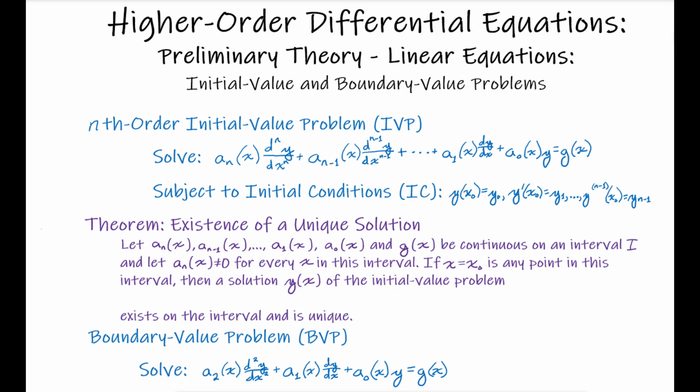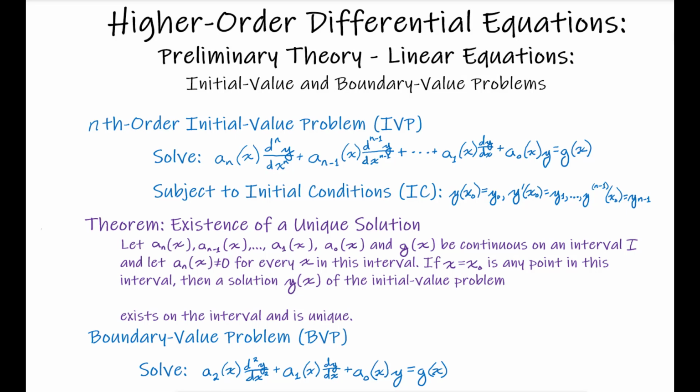If we take the derivative of y at x naught, that's going to give us some initial value of the derivative at x naught, which we'll call y1. And we continue doing that, taking higher and higher derivatives until we're taking the n minus first derivative of y, and we're evaluating it at x naught, and finding an initial derivative value there we'll call y sub n minus 1.